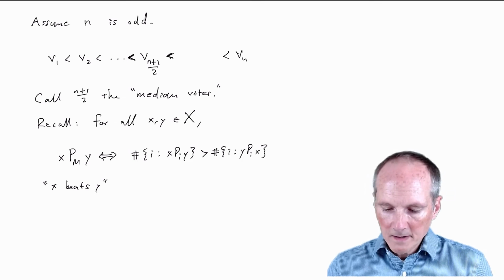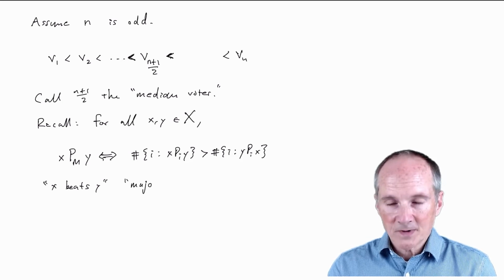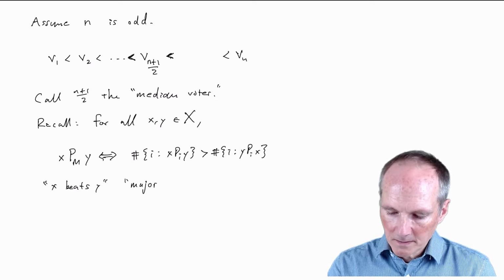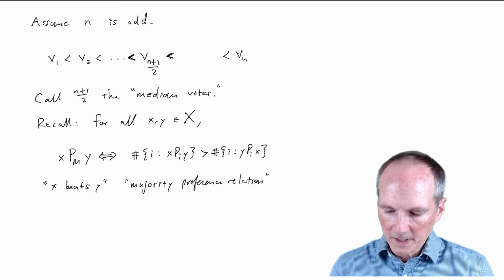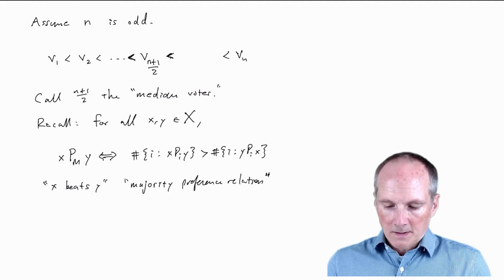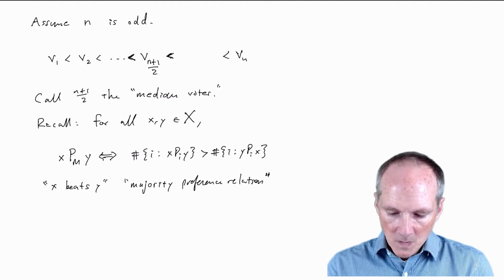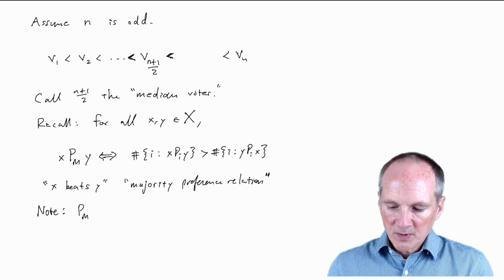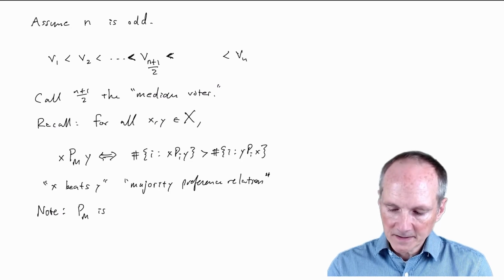And we call that the majority strict preference relation, or sometimes I'll drop the strict part and I'll just call it the majority preference relation. Okay. We've talked about different properties of binary relations. This majority preference relation is asymmetric. It can't be that x beats y and y beats x.